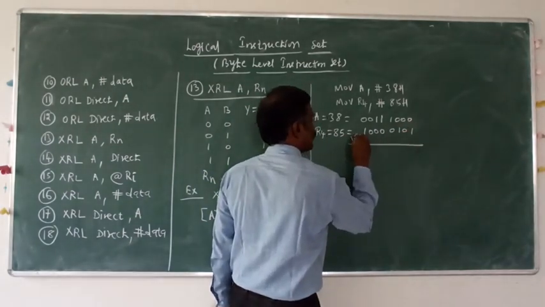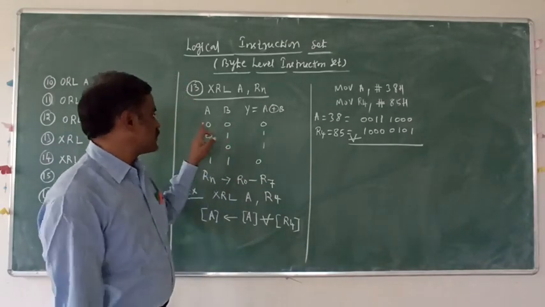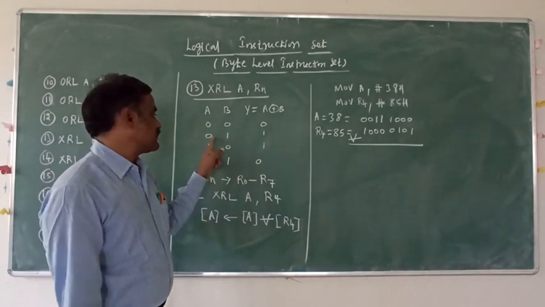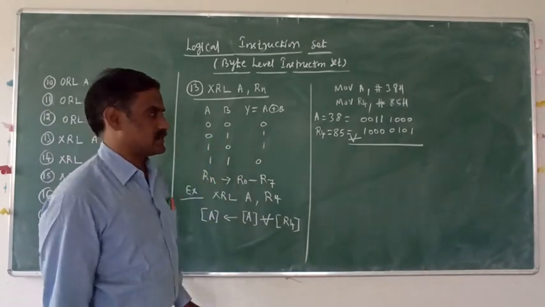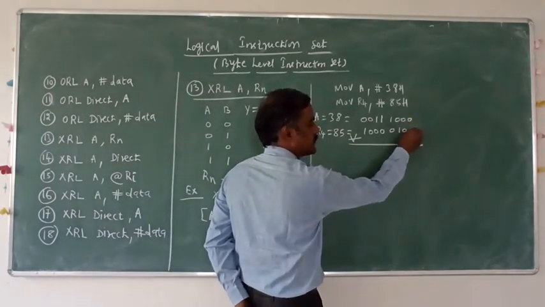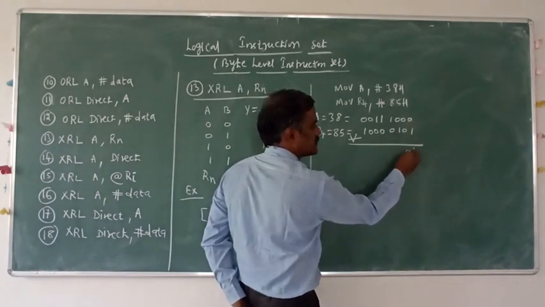Now, exclusive OR. What is the operation? If both inputs are the same, the output is low, and different inputs mean the output is high state. Here different inputs, this is 0 and this is 1, means 1. Both inputs are the same, 0.